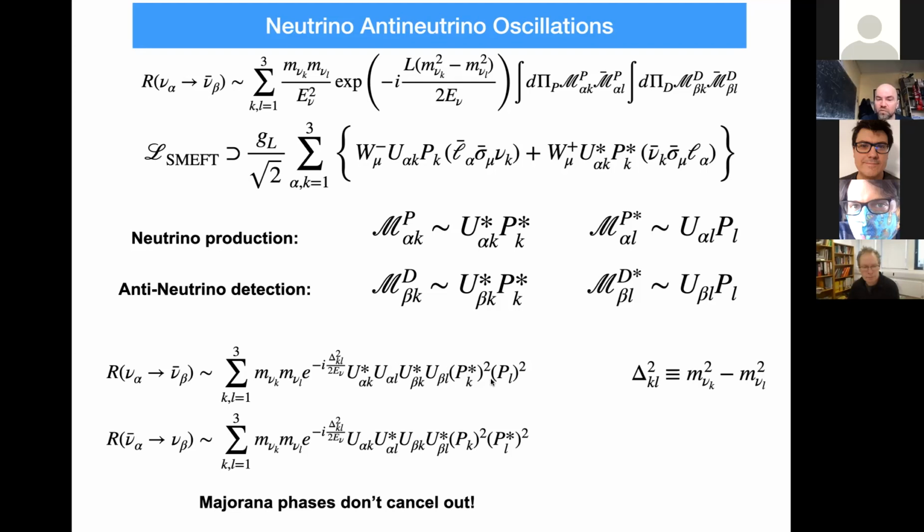One is that these Majorana phases now appear in the final result because they don't cancel out, and the other is that you have this neutrino mass dependence in front, because when you calculate the amplitude in the process, you have to flip neutrino into antineutrino, which is the same as flipping the helicity of a neutrino, and flipping a helicity always costs you, for a relativistic particle, a price of putting a power of a mass into the amplitude. So you have mass squared in the rate.